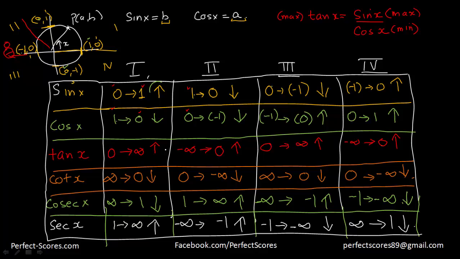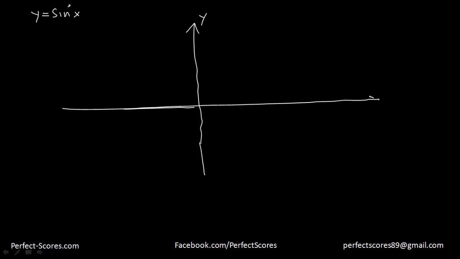Now based on this information, let's try to create graphs for different functions. So let's create a graph for y is equal to sine of x. I say this is the y axis, and this is our x axis, right?